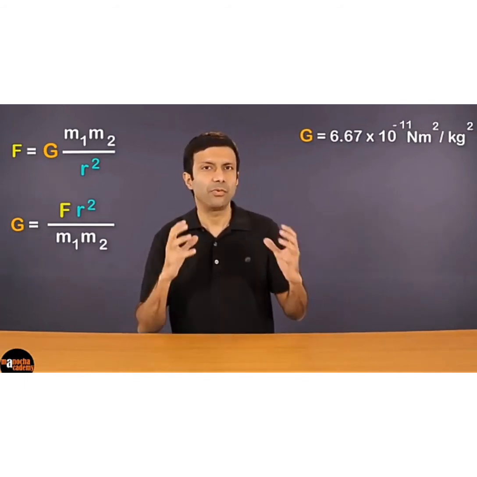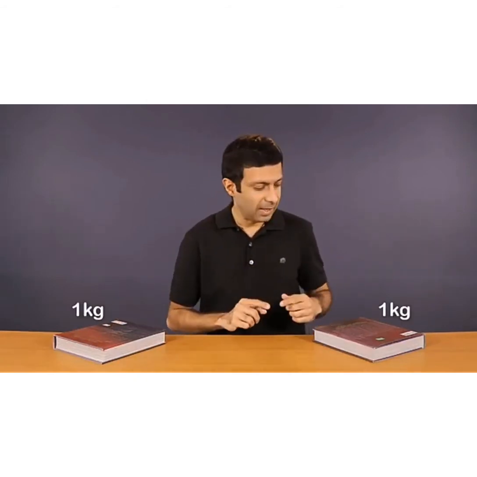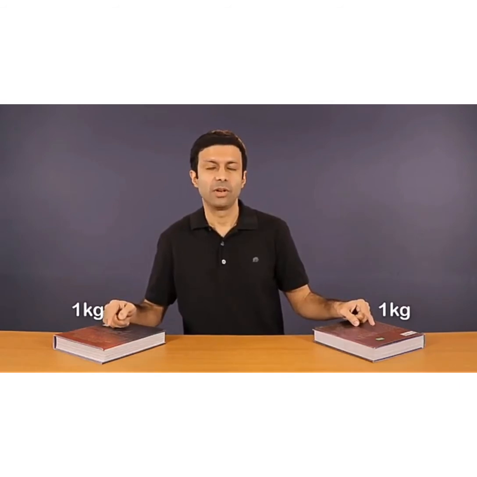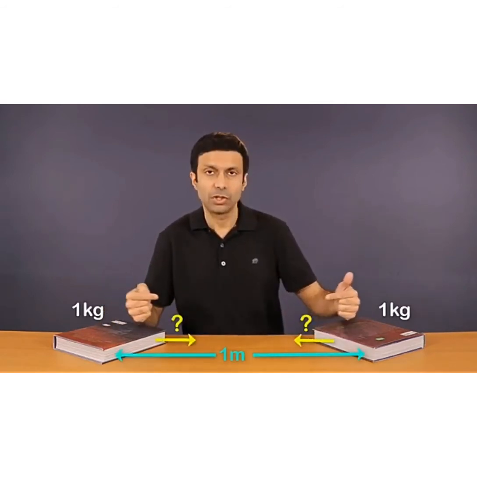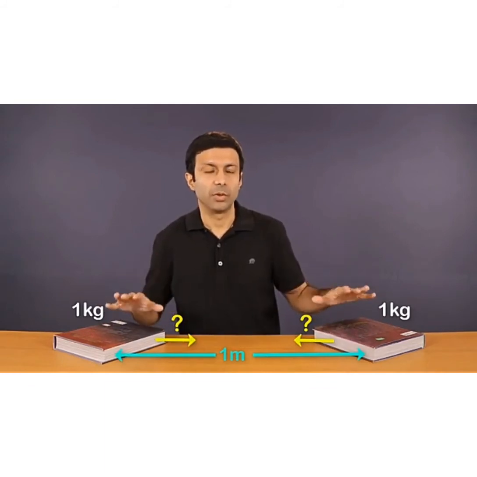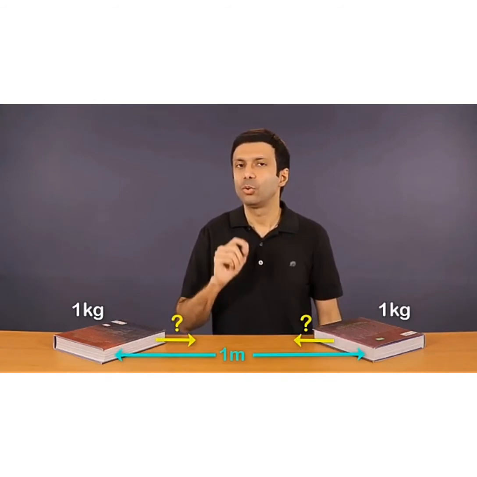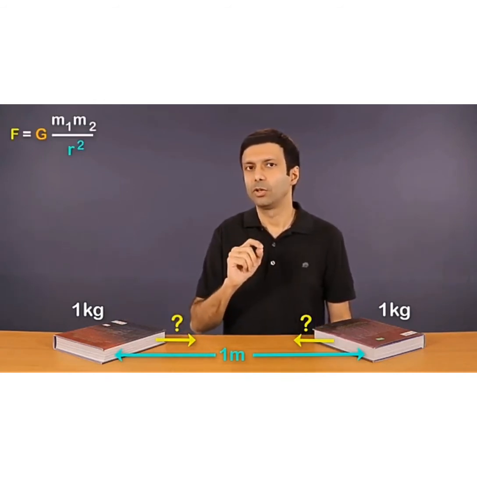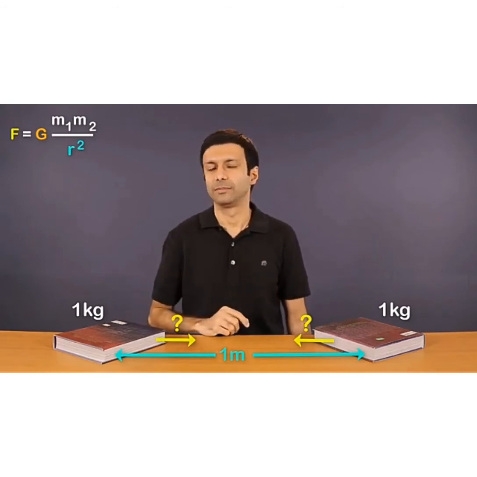Now let's get a feel of the value of G with the help of a simple example. If we take these two books, each having a mass of 1 kg, and let's say they are separated by a distance of 1 meter, what will be the gravitational force of attraction between these two books? For that, let's use our formula F equal to G m1 m2 by r square.